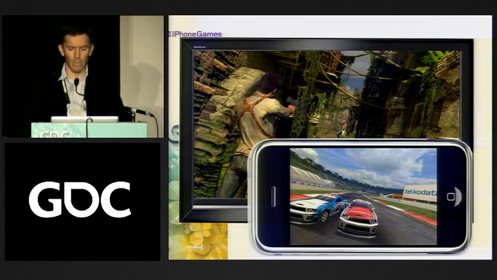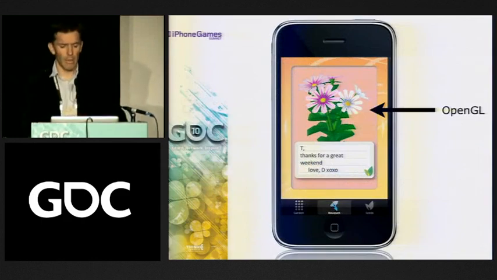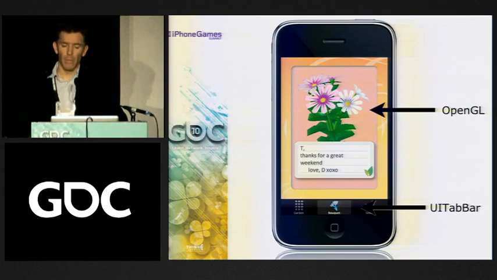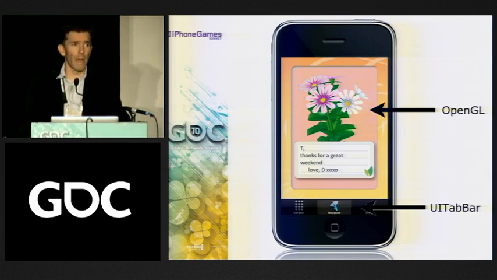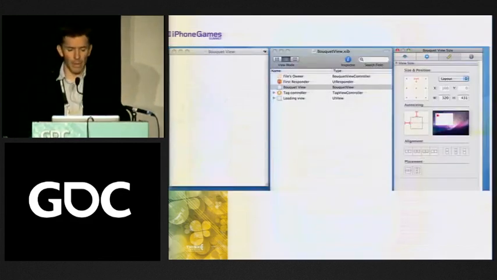This is one screenshot from Flower Garden, in which it's only the top of the screen that displays the flowers. That is all in OpenGL. But the bottom part is just your standard UI tab. So this is a view derived from UIView that has the EAGL context, but the size is smaller than that. I set it up in Interface Builder.